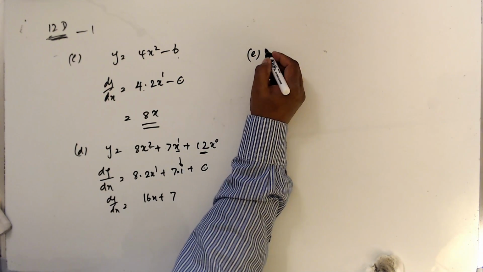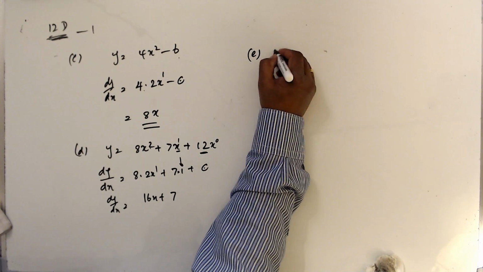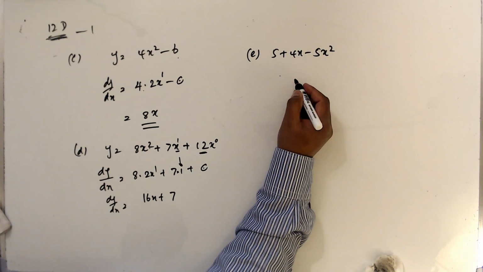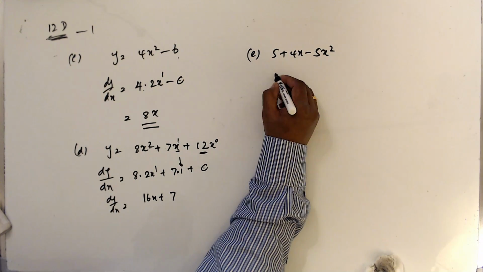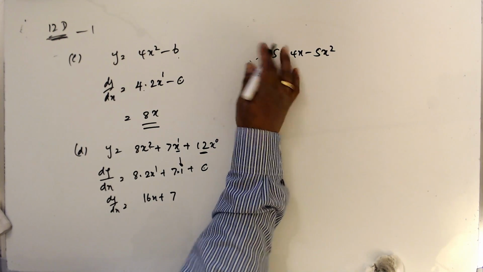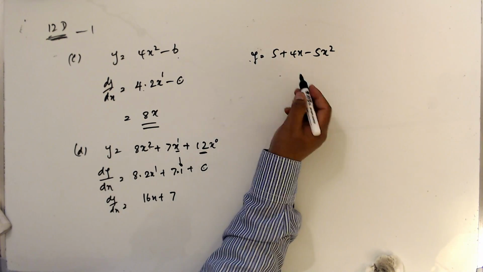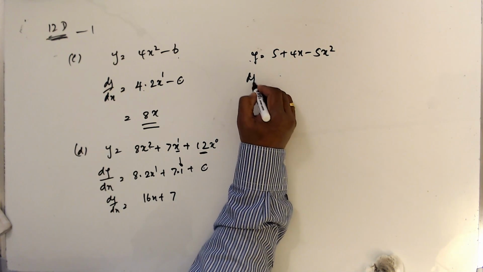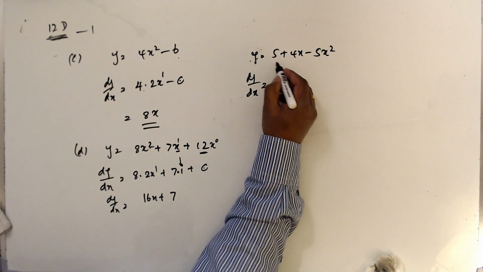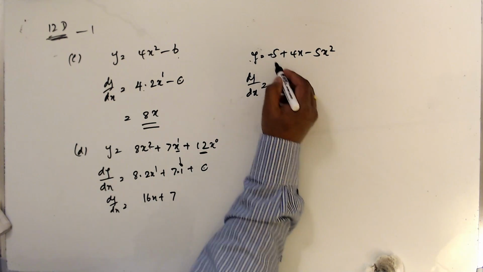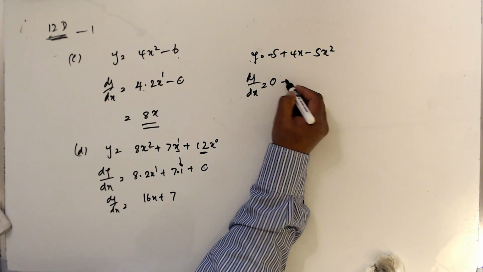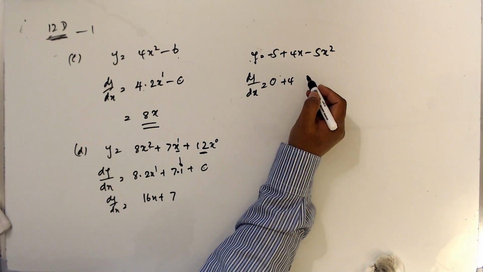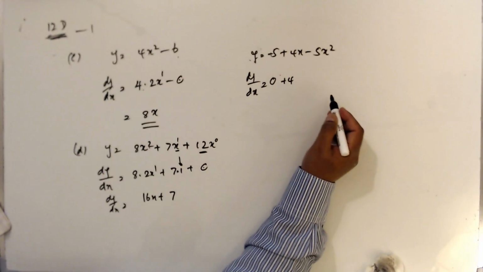So this is E. 5 plus 4x minus 5x squared. So y equals that. Now dy over dx. When you differentiate plus 5, the answer is 0. When you differentiate plus 4x, the answer is 4.